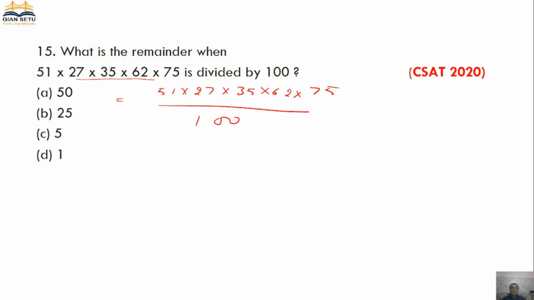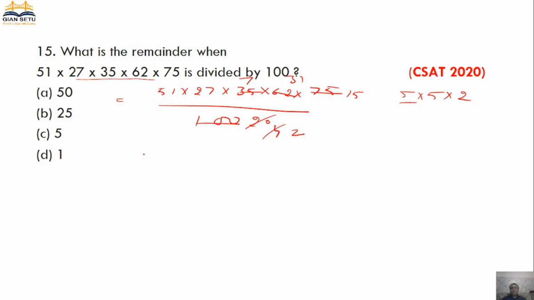Now let's cancel out common terms. First let's divide by 5, it will be 15, it will be 20, we cancelled out with 5, then it will be 7, it will be 4, we cancelled out with 5, now again it will be 2 and it will be 31, right? Now we cancelled out common term 2.